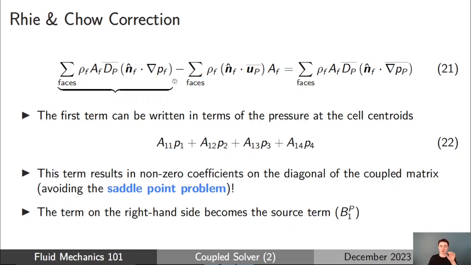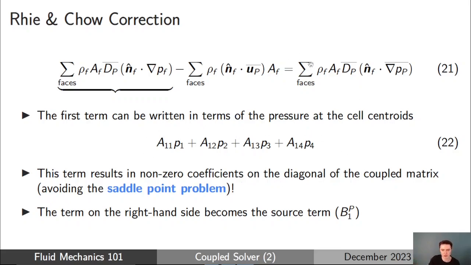So clearly that will depend on the pressure on one side of the face and the pressure on the other side of the face. And we could repeat this and just write it in a general implicit form as A11 P1 plus A12 P2 plus A13 P3 plus A14 P4 and so on. And these terms that we've generated here are going to end up in that block diagonal of our coupled matrix system, which will ultimately allow us to avoid the saddle point problem.